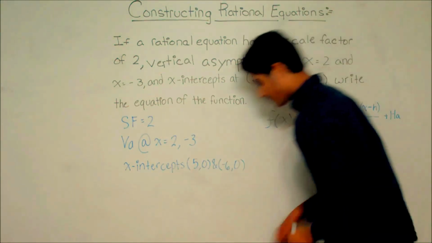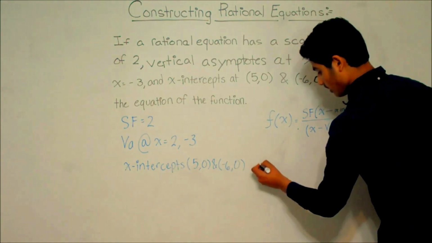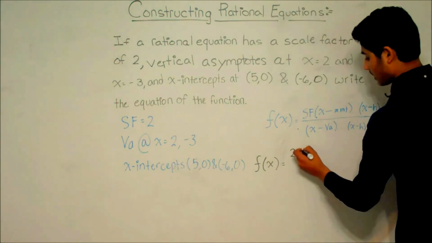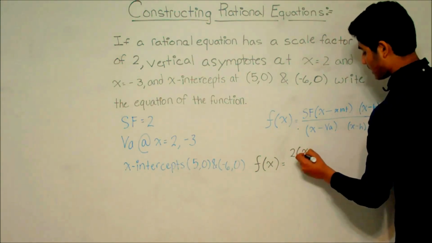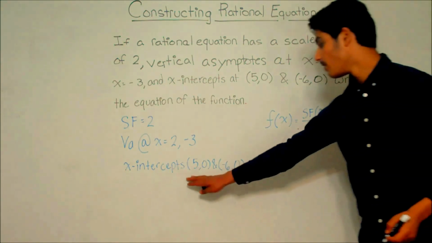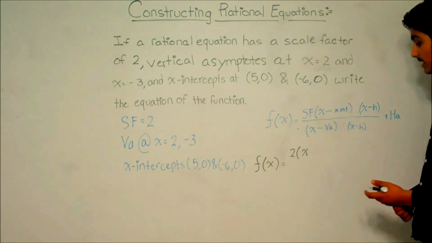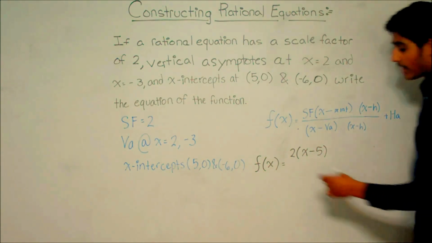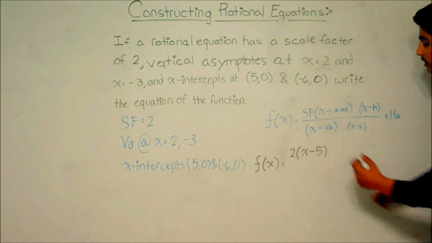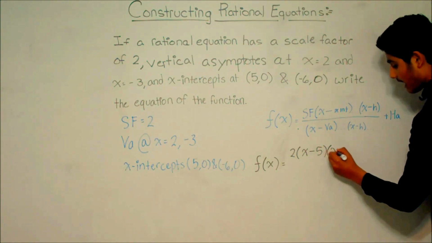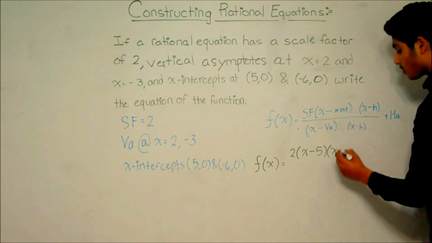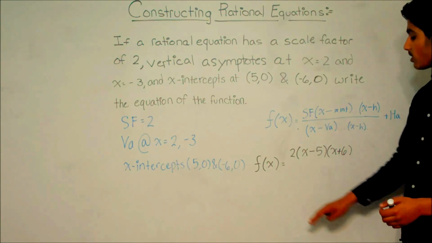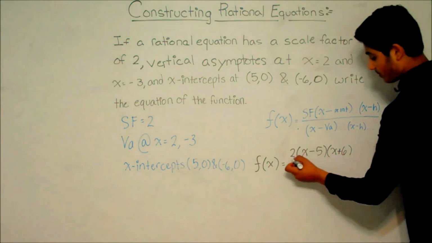So f of x is equal to 2 times x minus the x-intercepts, 5 and -6, so x minus 5, and because we have 2 x-intercepts, we're going to close this binomial and open another one, x minus -6, which is plus 6. And as we can see, we do not have any holes, so we do not put any in the numerator.